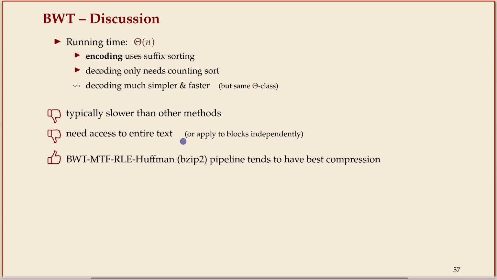It also needs access to the entire text, which means it needs a lot of main memory. As I mentioned earlier, initially it was dismissed as not even practical for that reason, and now it becomes a staple method because memory is just not as pressing a problem. And you get specifically from this pipeline a very good trade-off between running time and compression.